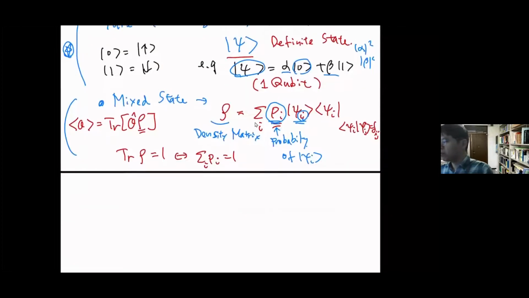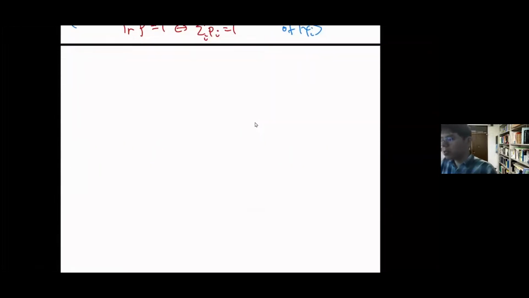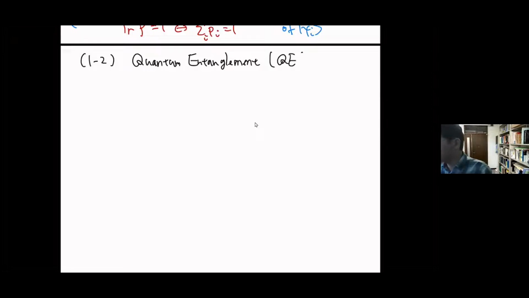Let me go to quantum entanglement. Now I'm going to explain what quantum entanglement is. Sometimes I just write it QE for simplicity. To consider quantum entanglement, we always start from a bipartite system.